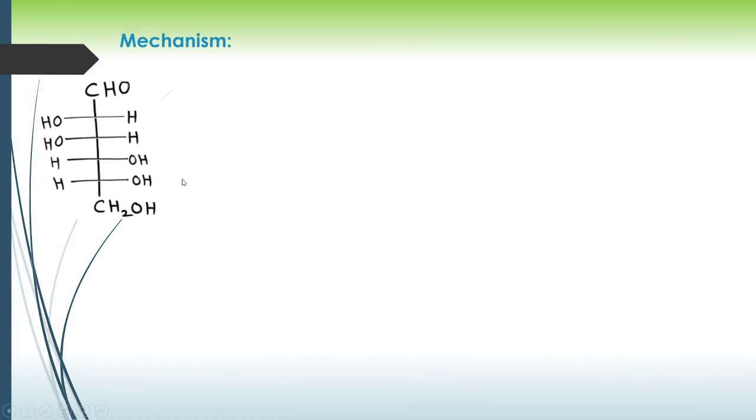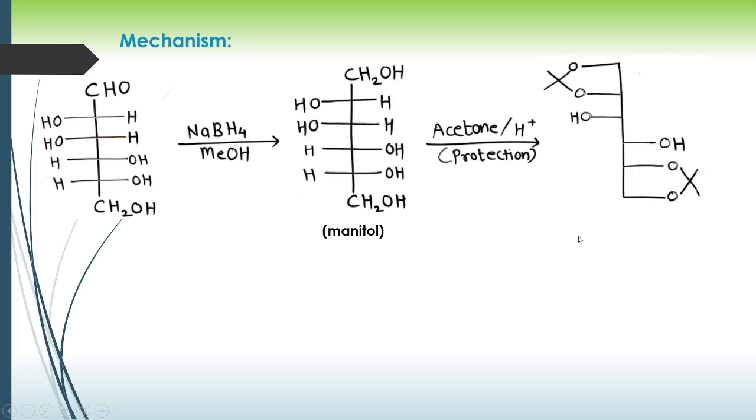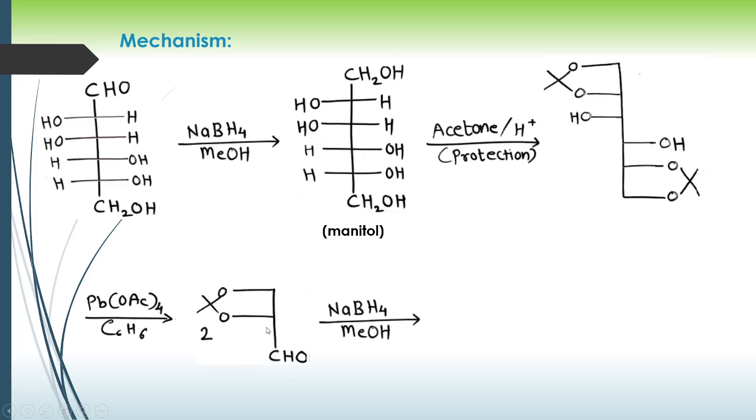So see the mechanism. Here we start from D-mannose. D-mannose is converted into D-mannitol. Then after the protection, we got the diacetonide. Then with LTA, we got the protected glyceraldehyde molecule. Then reduction of this aldehyde into this primary alcohol.